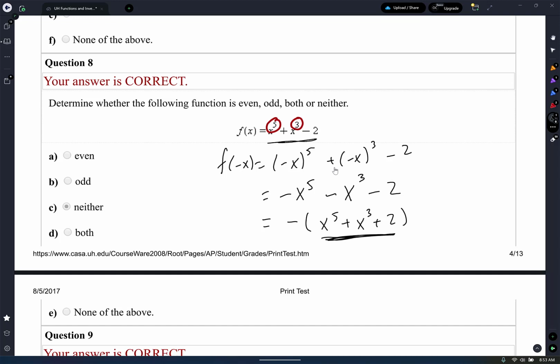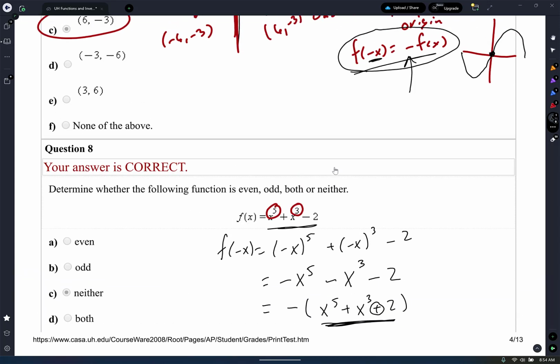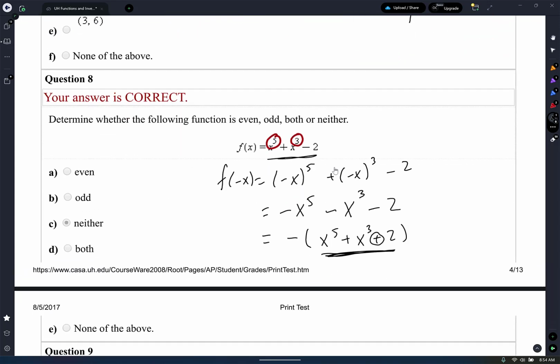See? If this would have been a minus, I guess it would have been f of x, and it would have been negative f of x, which then would have had this like this. But because this is not f of x, and it's not even, we didn't get this, f of -x equals f of x. So it's neither odd or even.